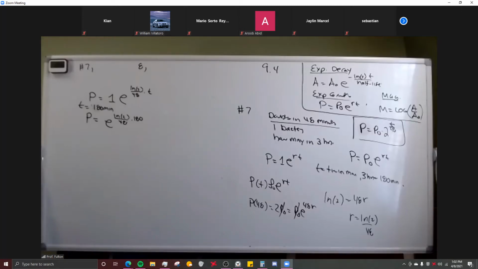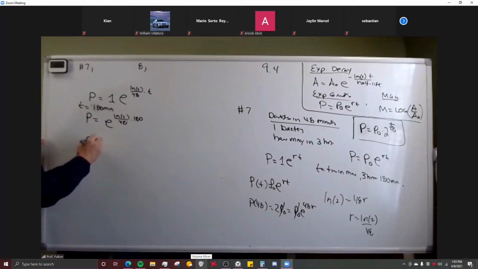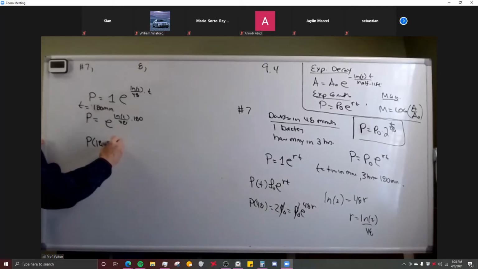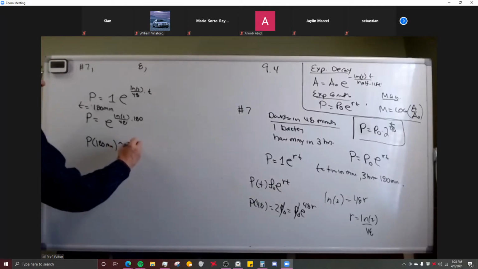There's a typo in there, I've got to correct that. So in this case, T at 180 minutes gives me approximately 13, and we can't have a fraction of a bacterium, so there are just 13 bacteria.